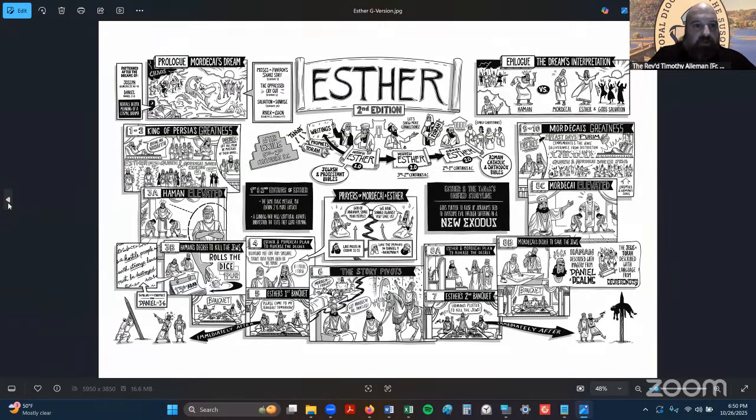Before we jump into chapter 1, there's this prologue. Mordecai's dream. Mordecai is a chief figure in this story. Mordecai is a relative of Esther's who has continued the task of raising Esther and caring for her because her parents have both died.